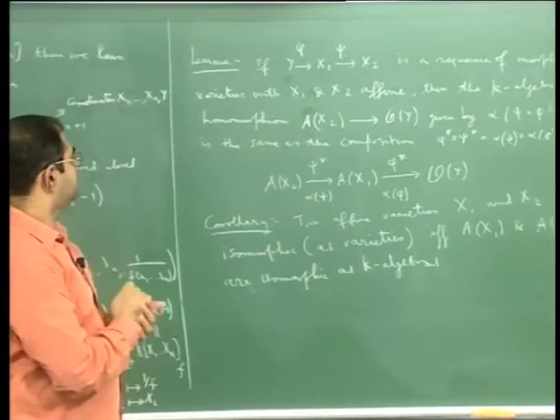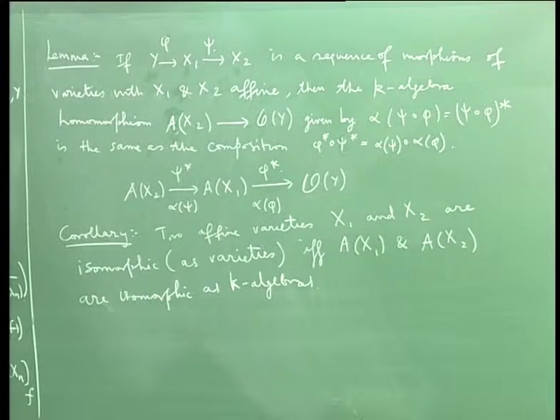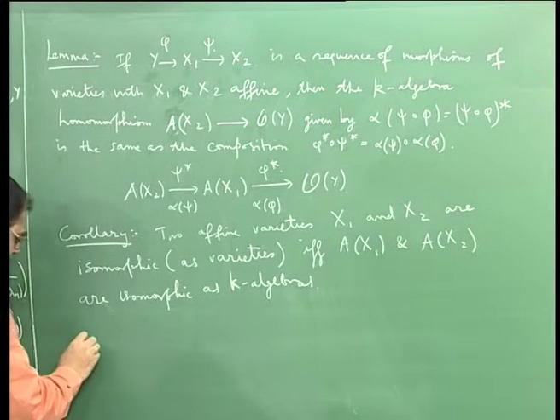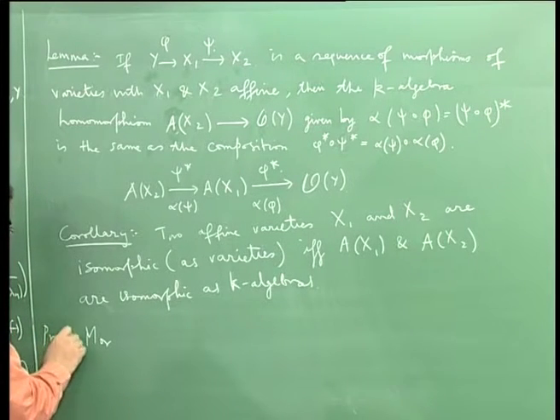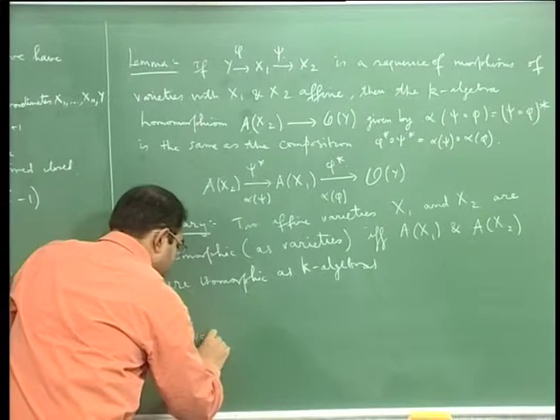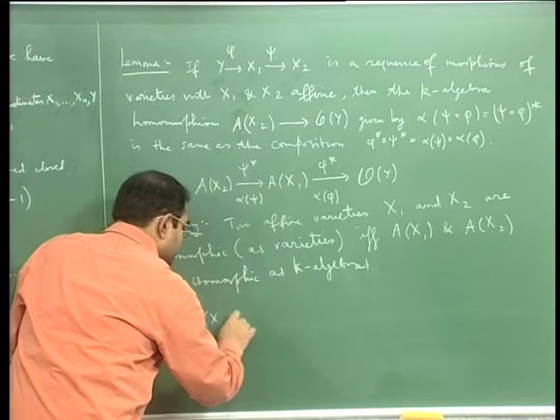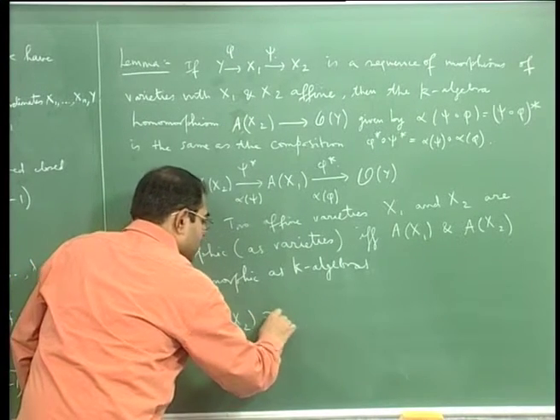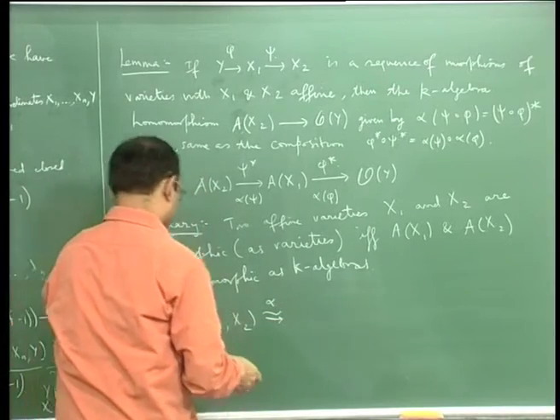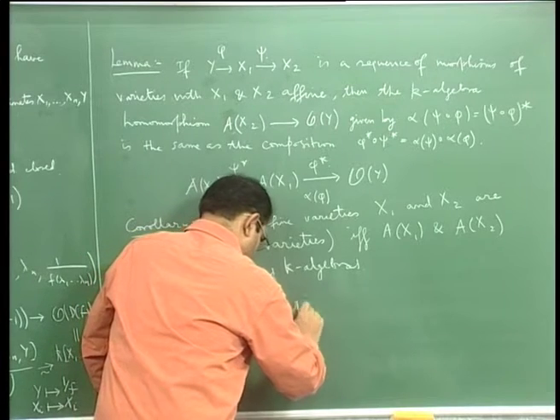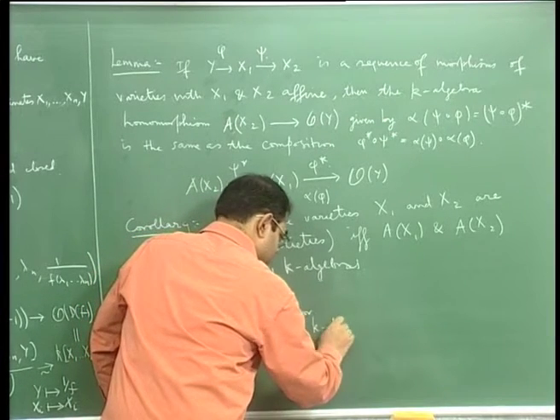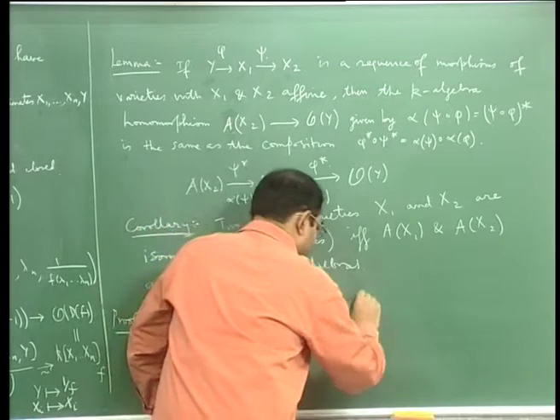Okay, so this is basically because of morphisms. The proof follows from the fact that morphisms of varieties from X1 to X2, via this alpha map which is pullback, can be bijectively identified with morphisms of K algebras from A(X2) to A(X1).